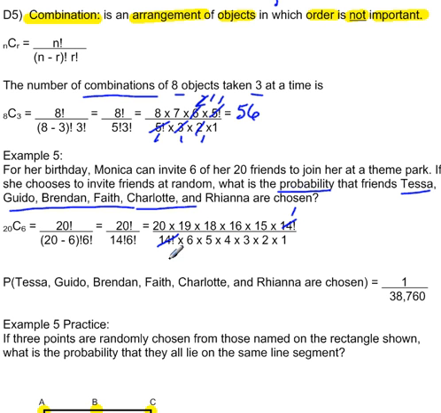The 14s cancel. 6 goes into 18 3 times, and 5 goes into 15 3 times, and 4 goes into 16 4 times, and these 3s can cancel, and this 2 can cancel and leave a 2 here, and so now I have 20, 19, 3, and 2. 20 times 19 times 3 times 2, somewhere I'm messing up. So let me try it one more time.